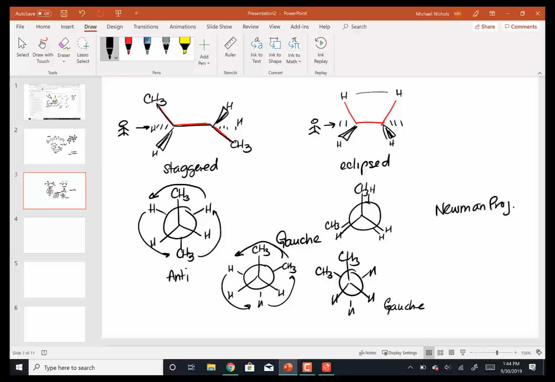Let me say it a different way. So if we have 3 staggered and 3 eclipsed, and I'm ranking them, number 1 through 3 is always going to be staggered, and number 4 through 6 is always going to be eclipsed.